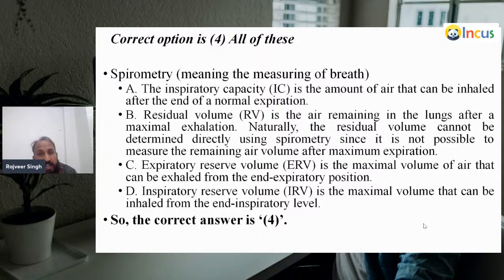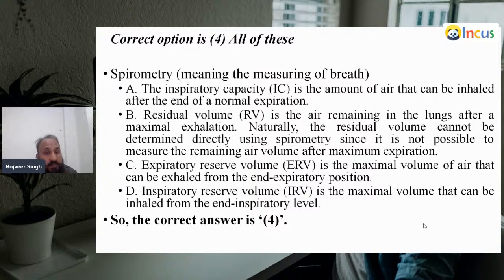The inspiratory capacity, IC, is the amount of air that can be inhaled after the end of the normal expiration. Residual volume, RV, is the air remaining in the lungs after a maximal exhalation. Naturally, the residual volume cannot be determined directly using spirometry, since it is not possible to measure the remaining air volume after maximum expiration. Expiratory reserve volume, ERV, is the maximal volume of air that can be exhaled from the end expiratory position.